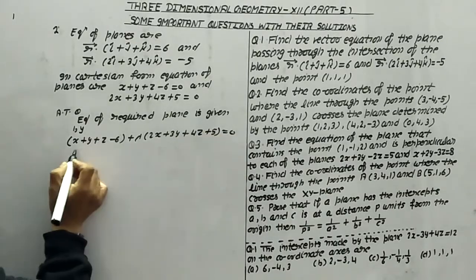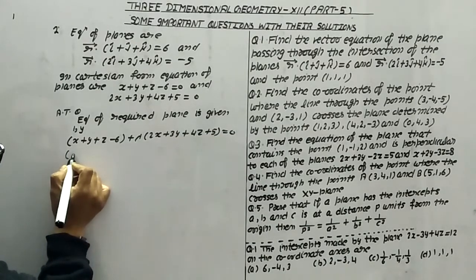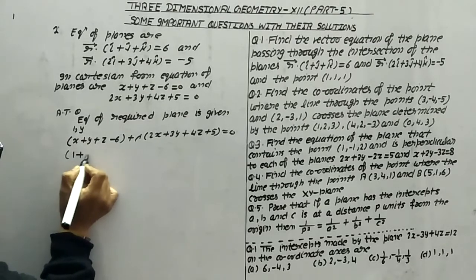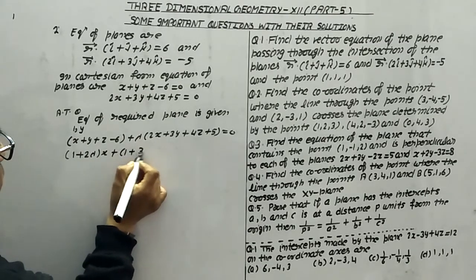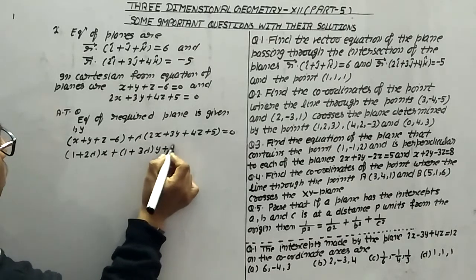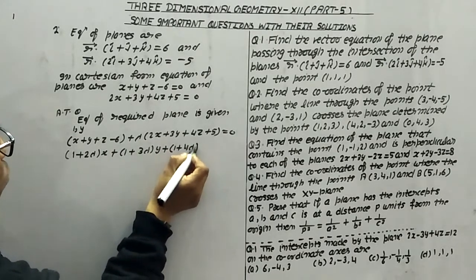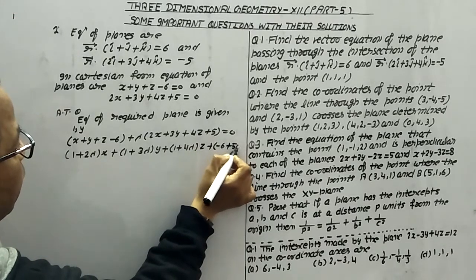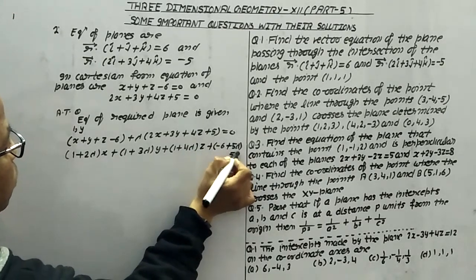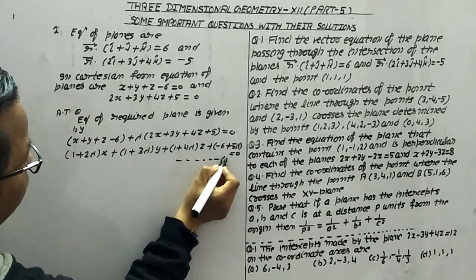Now first of all we will combine the like terms. This becomes (1 + 2 lambda)x + (1 + 3 lambda)y + (1 + 4 lambda)z + (-6 + 5 lambda) = 0. So this is equation number 1.